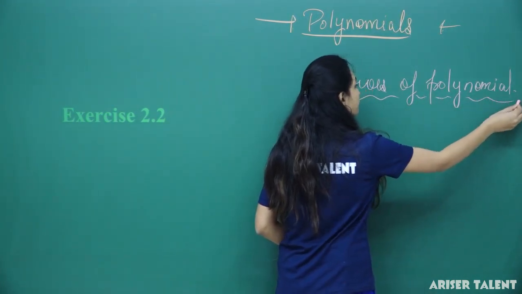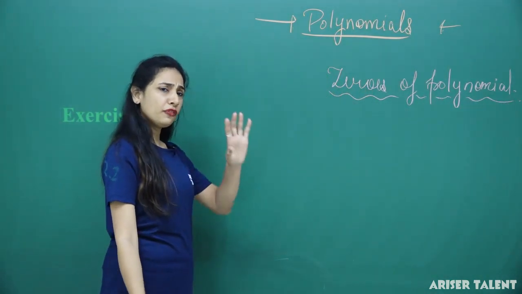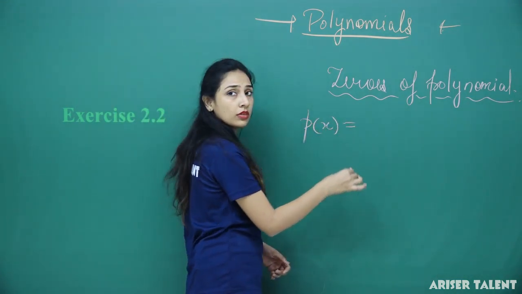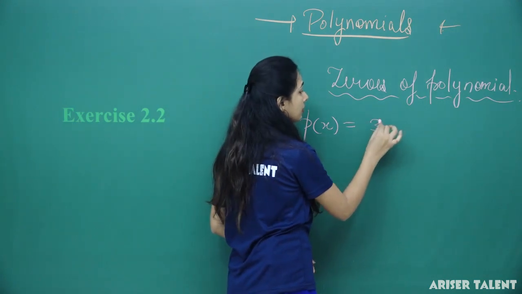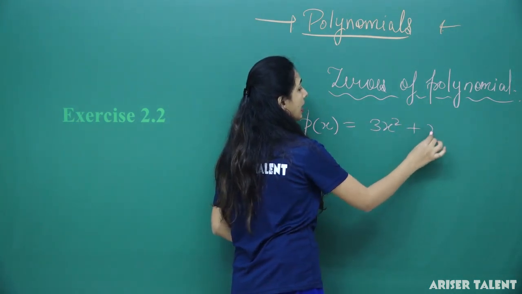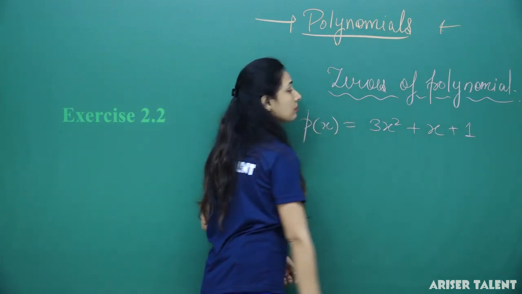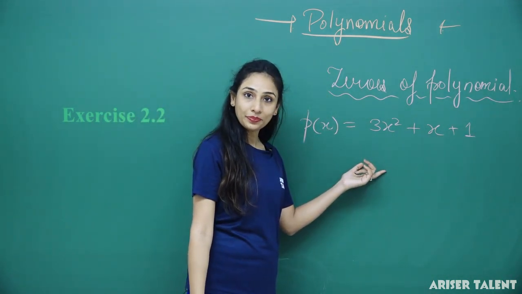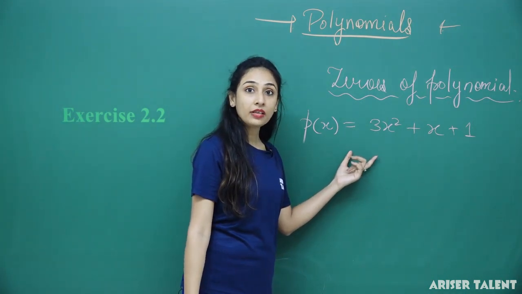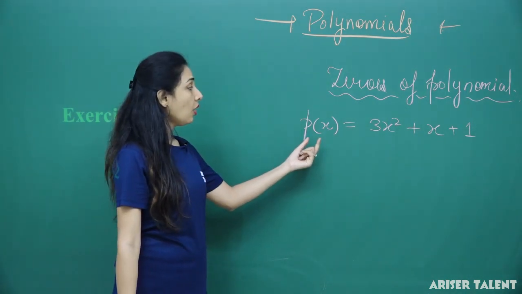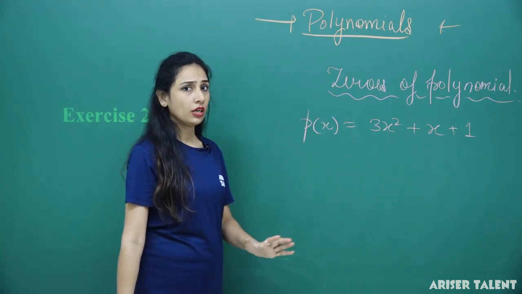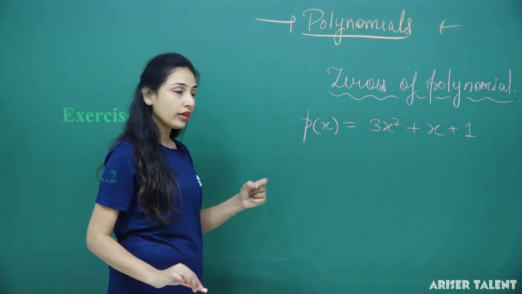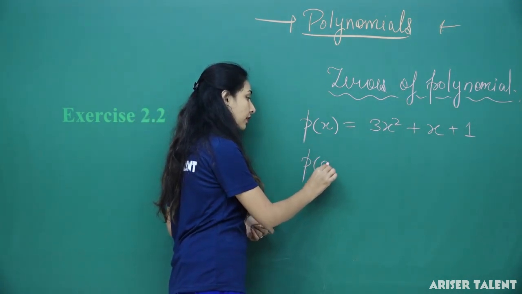I have told you that if, let's suppose, I have this p(x) equals 3x square plus x plus 1. Now, I am telling you, students, that I have some value here of x, let us suppose a. So, when I put the value x equals a, what will it become? Polynomial of a.